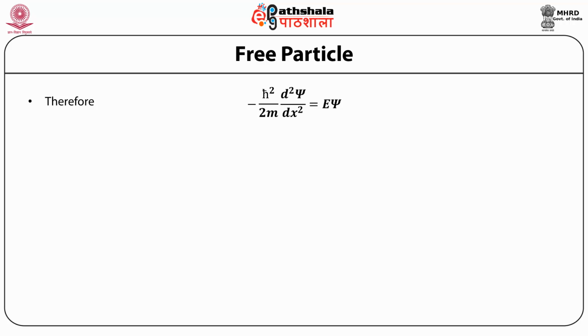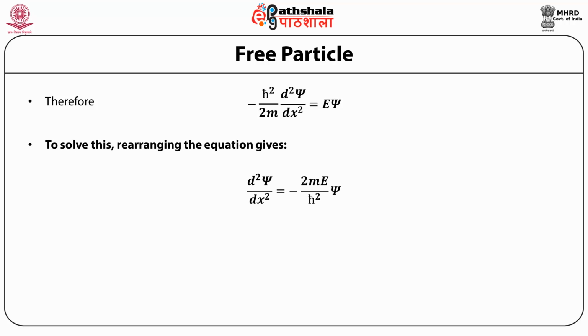Therefore, minus ħ squared by 2m d squared psi by dx squared equals E psi. In order to solve this equation, rearranging gives d squared psi by dx squared equals minus 2mE by ħ squared multiplied by psi.